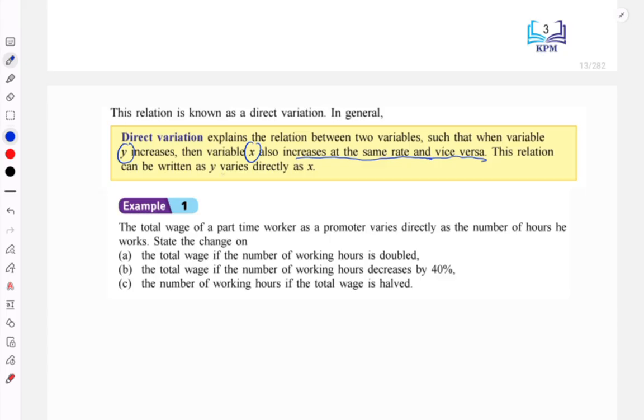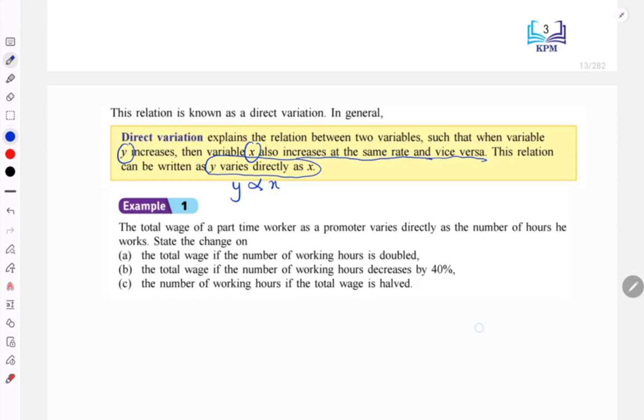It can be written as y varies directly as x. You must know the symbol for varies directly is this sign.